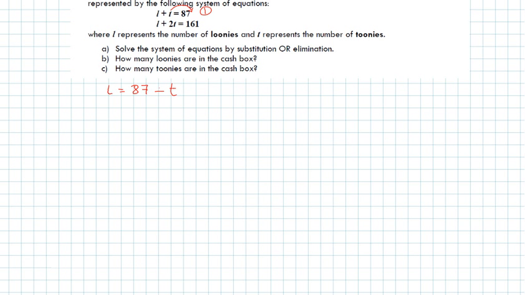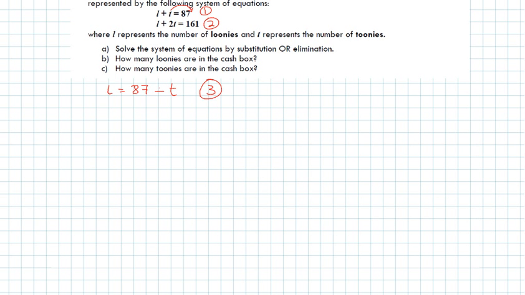So what I did is I took equation number 1, I moved the T over to isolate for L. I'm going to call this equation number 3, right? Now, what I have to do is substitute the value of L in number 2, right?